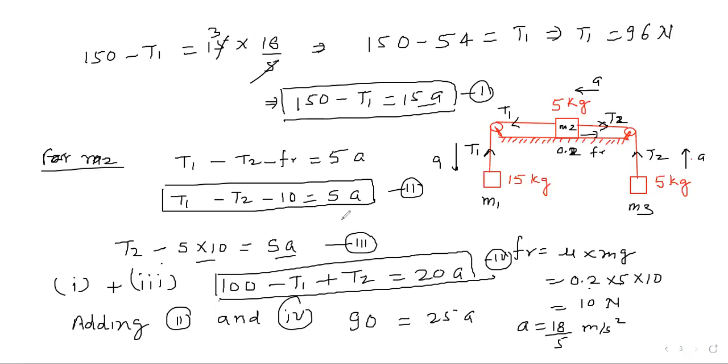Now we have to get T2. So we can take this equation. T2 equal to 50 plus 5A. A is 18 by 5, 5 will cancel out. It will become 68. So we are getting T2 as 68 Newton. So we have got our values.